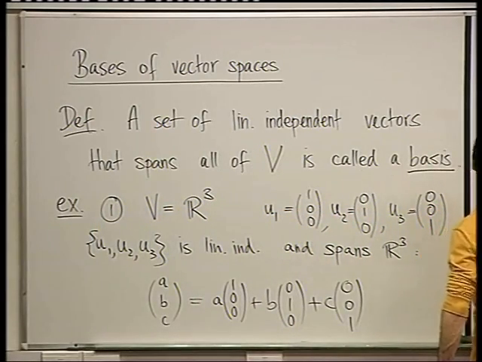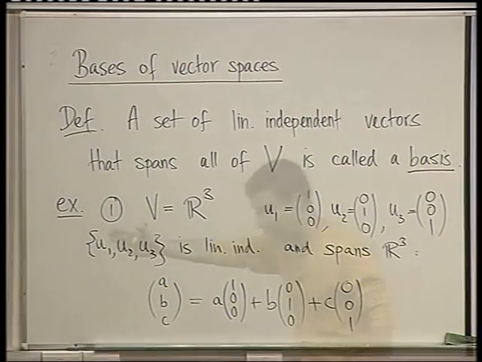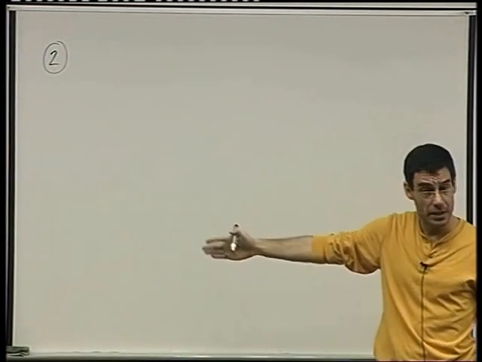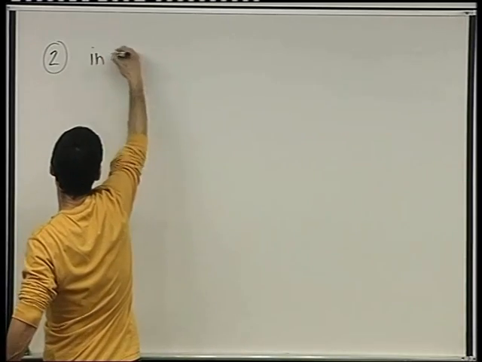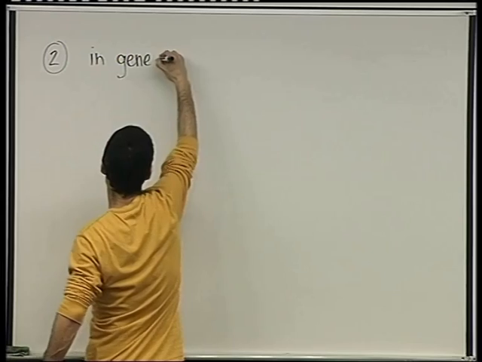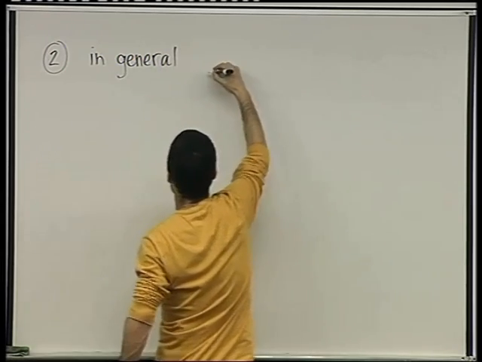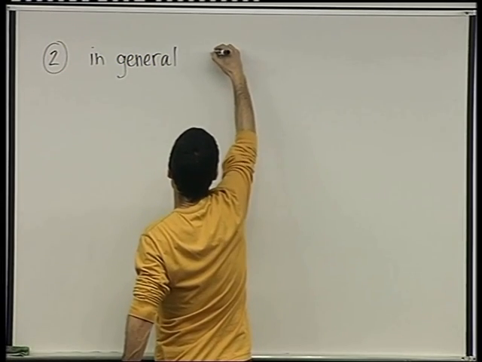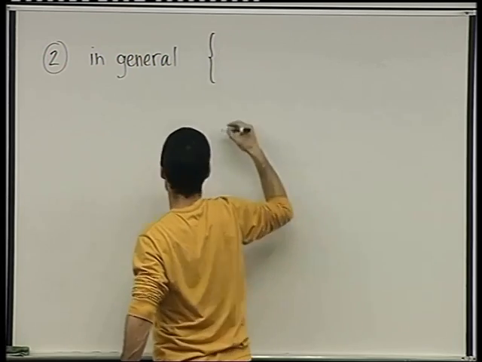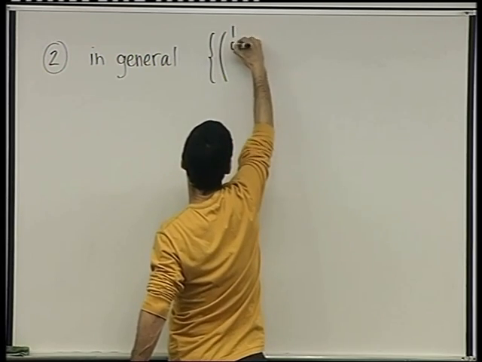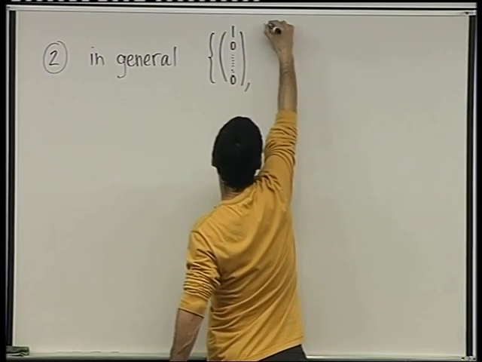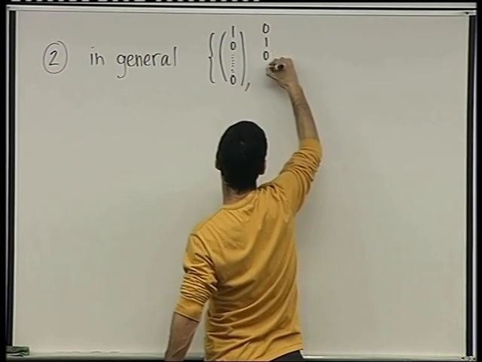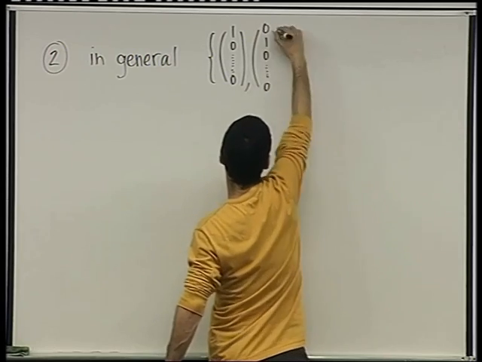So we're listing some examples. The next example is going to be just generalizing this idea to something more general. So in general, the set, which includes 1, 0, 0, and then 0, 1, 0, dot, dot, dot, 0.